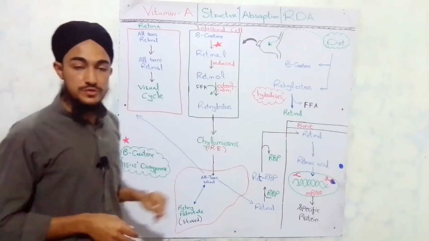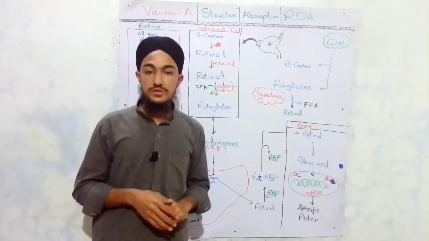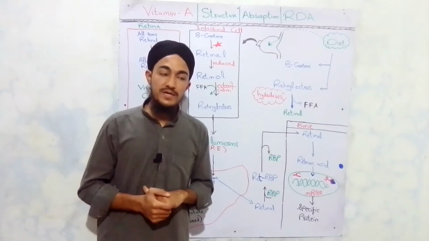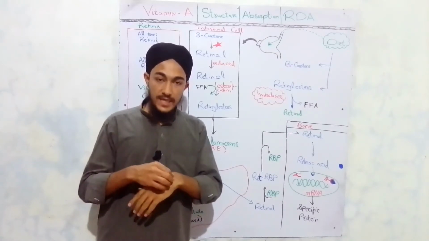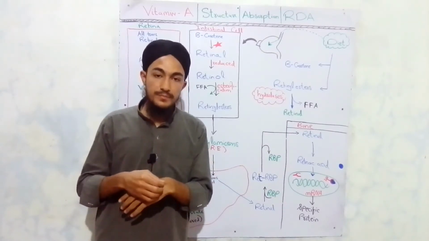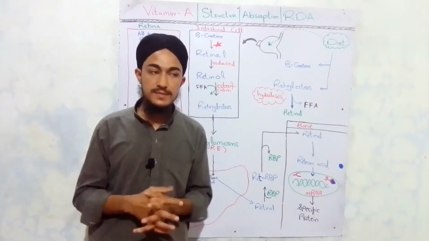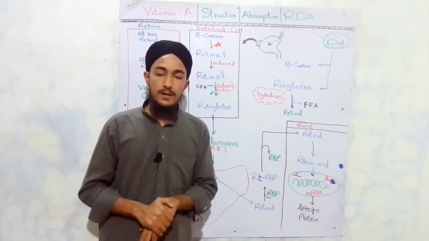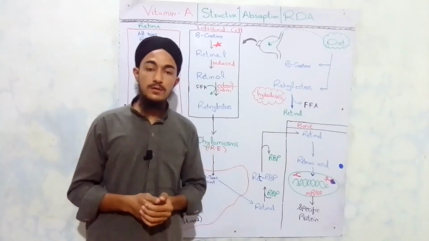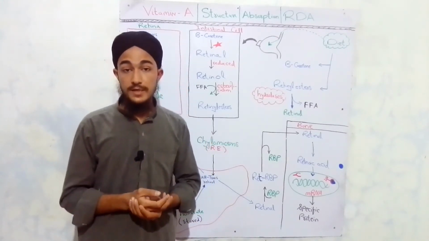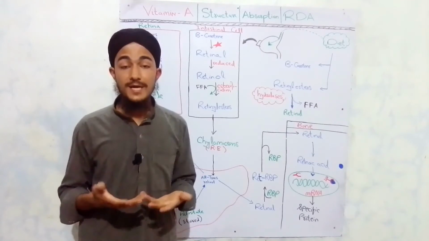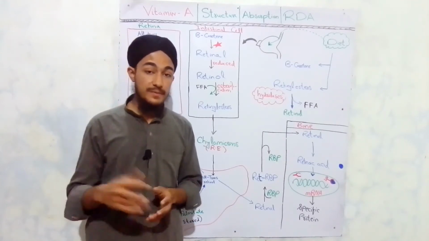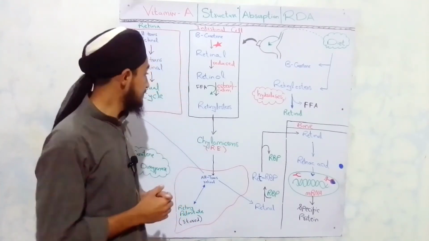Besides these, vitamin A has two more very important functions: it helps in the epithelial tissues and mucous membranes, especially the skin, and also it helps in the reproductive system. It enhances the spermatogenesis process in males.